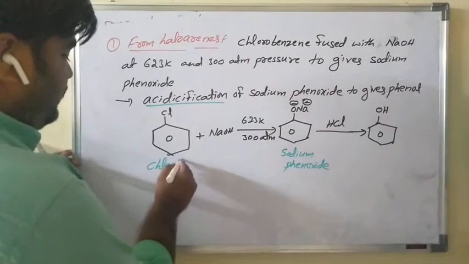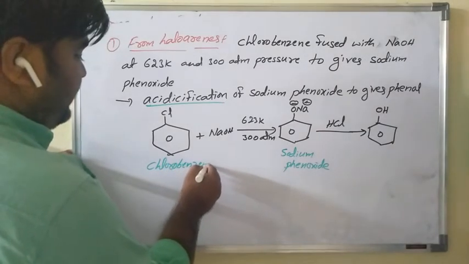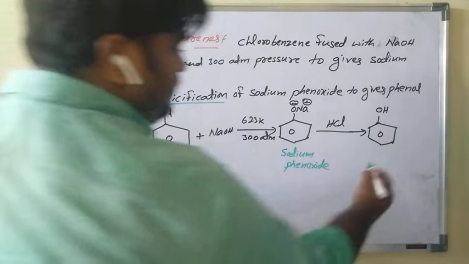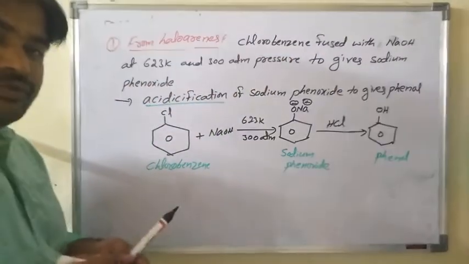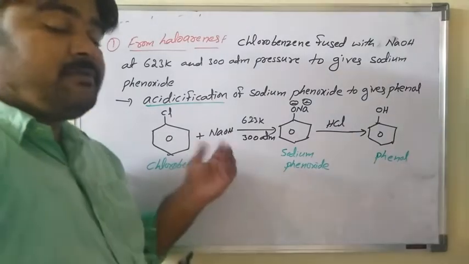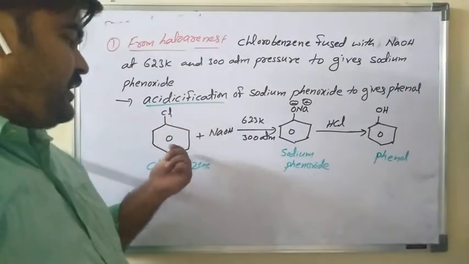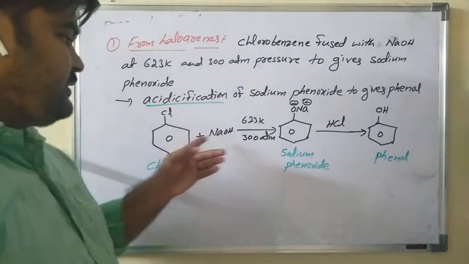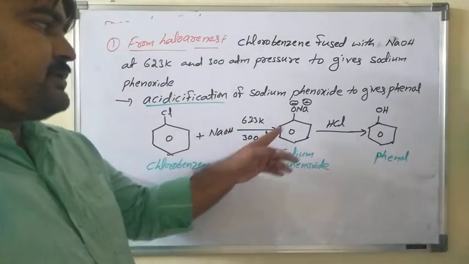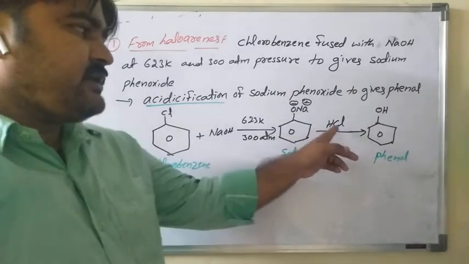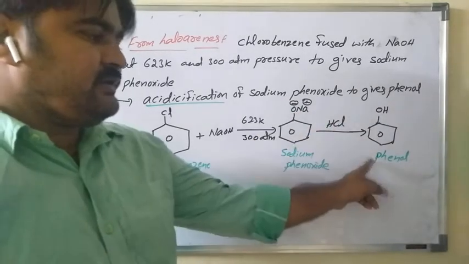Chemical equations are very important from the examination point of view. Whatever the exam, you must write the chemical equation, and first write the theory. Chlorobenzene reacts with, or is fused with, NaOH at 623 Kelvin and 300 atmosphere pressure to give sodium phenoxide. Acidification of sodium phenoxide gives phenol.